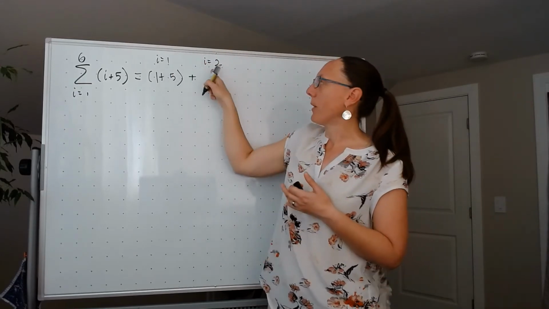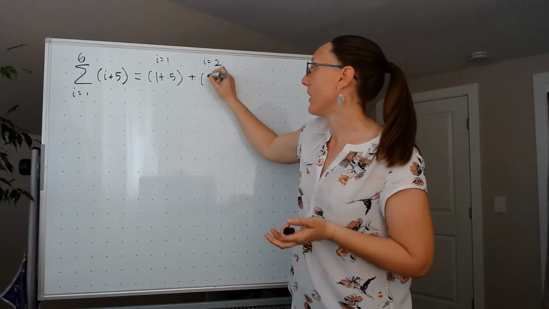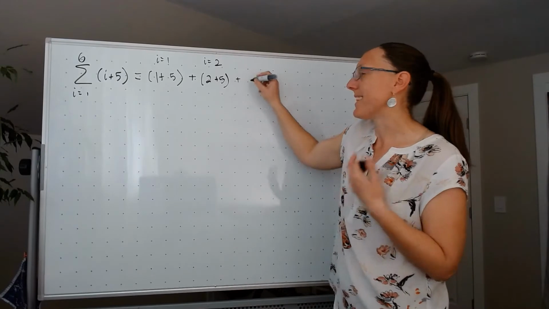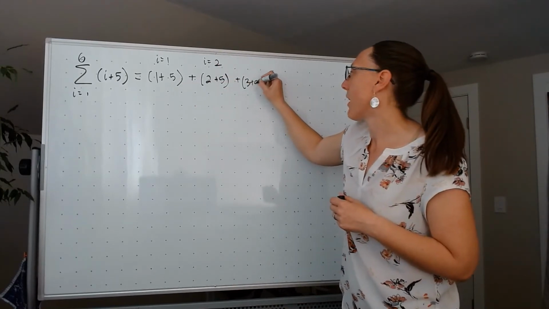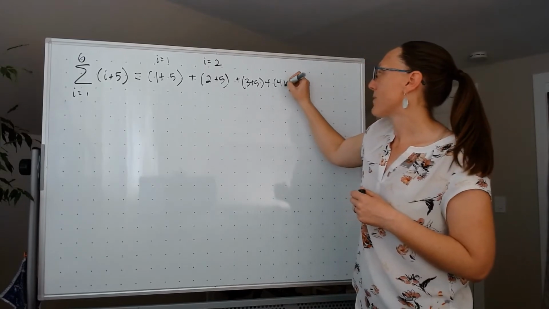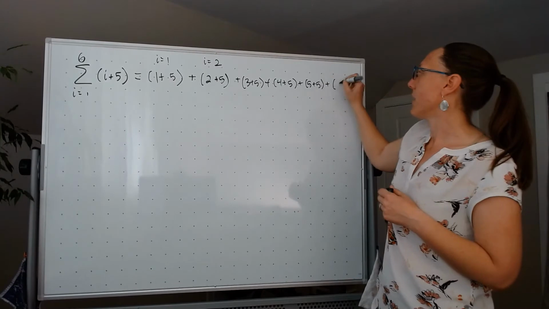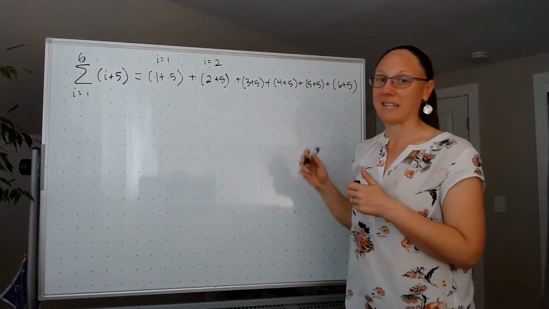And increment by 1 to now be at i equals 2, so I'm going to plug in 2 plus 5. I'm going to keep going, incrementing always by 1. So 1 plus 5, 2 plus 5, 3 plus 5, 4 plus 5, 5 plus 5, and finally 6 plus 5, because this told me to stop at 6.